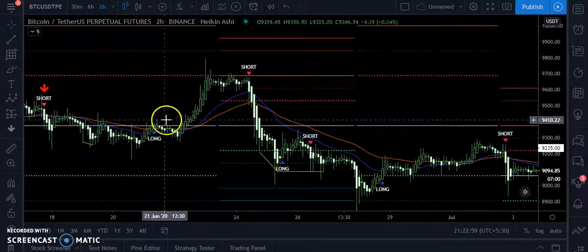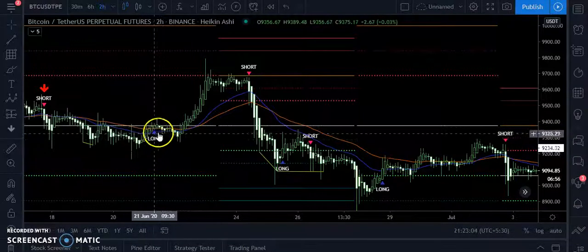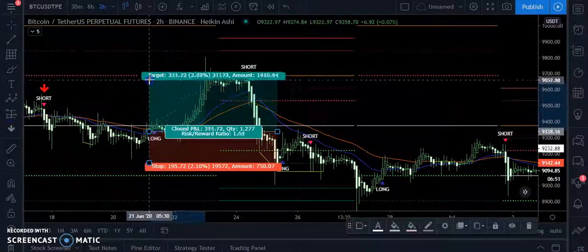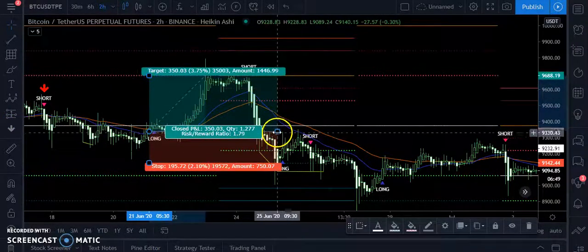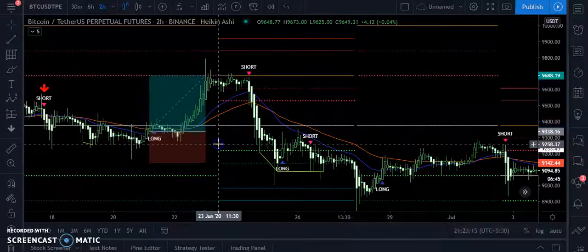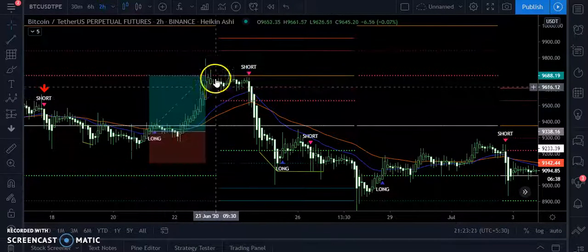Here also the price is near the support line and you got a long signal, so you should comfortably go long, and your take profit should be near the pink line, and keep an appropriate risk to reward ratio. So you got 3.75% with 20x leverage. You would have made 60% with this trade.